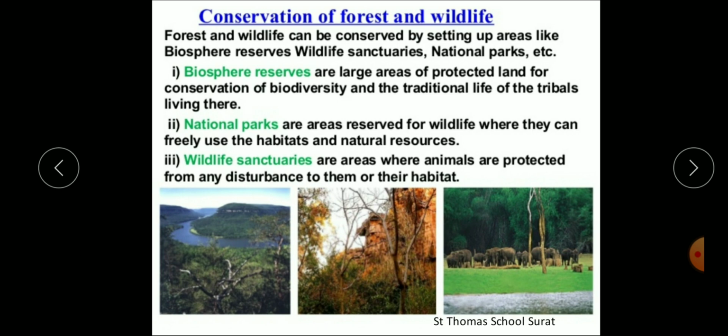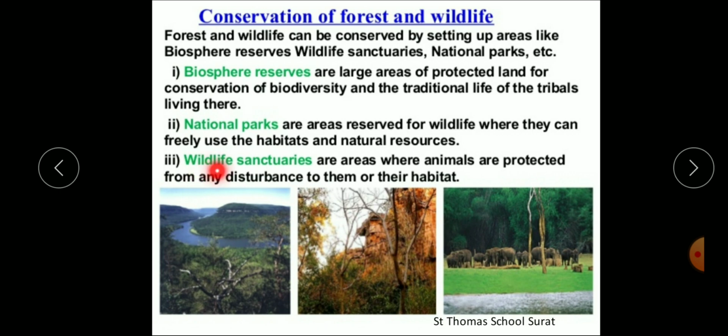Understood? So what are biosphere reserves? They are large areas of protected land for conservation of biodiversity and the traditional life of the tribals living there. What is a national park? National parks are areas reserved for wildlife where they can freely use the habitats and natural resources.